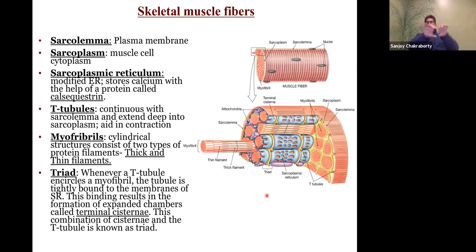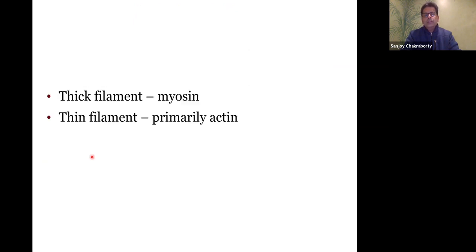Those bamboo sticks in my example are called myofibrils. If you pay attention to this picture, you will see a blue color myofibril and a red color myofibril. A myofibril is basically made of two kinds of filament: thin filament and thick filament. Individually, they're made of proteins. The thick filament is made of a protein called myosin.